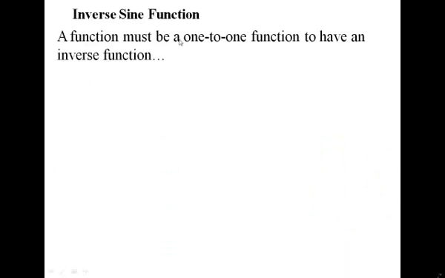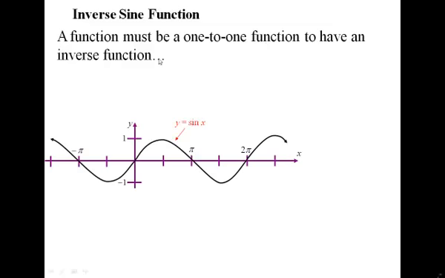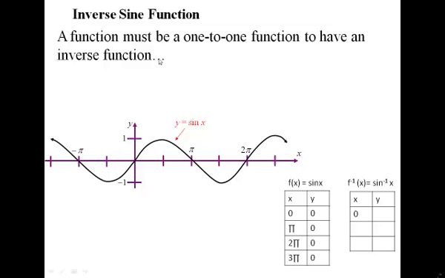A function must be a one-to-one function to have an inverse function. What that one-to-one means is it has to pass not only the vertical line test, but also the horizontal line test. And the reason is because if you were to say, alright, here's my original function, sine of x, and I plugged in these certain hotspots, the 0, the pi, the 2 pi, note that they're all linked with 0. So when you turn this around, let's go ahead and flip these.